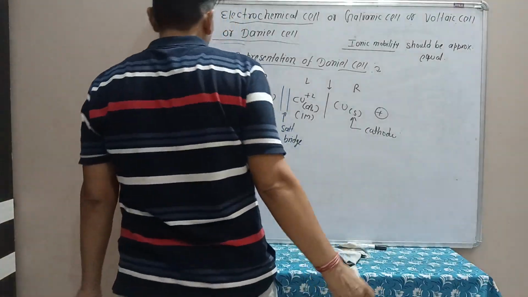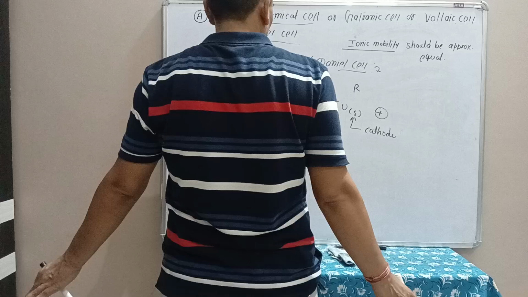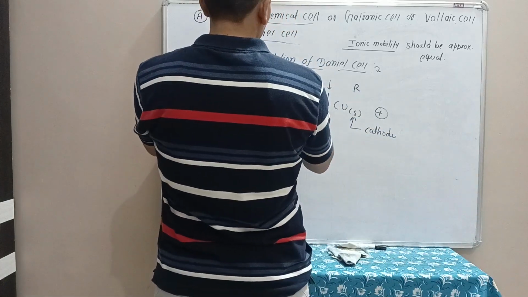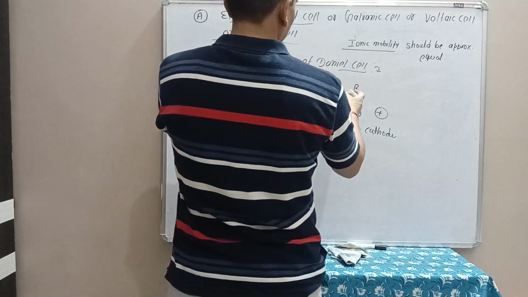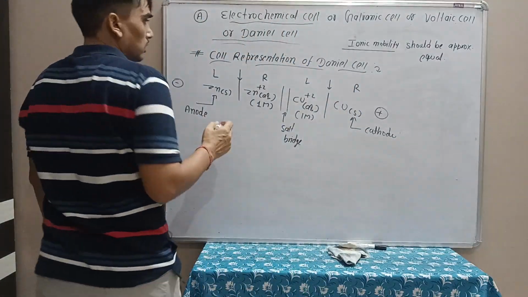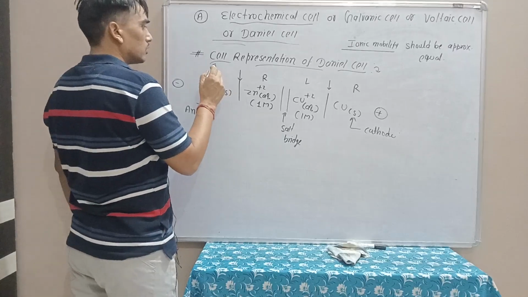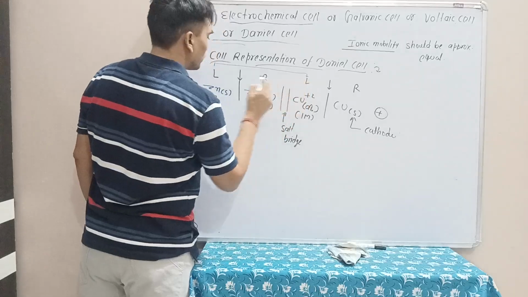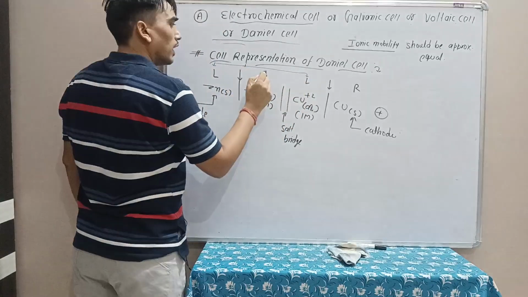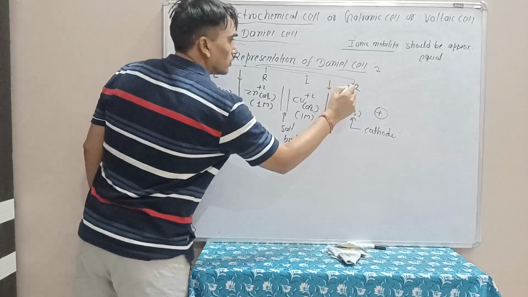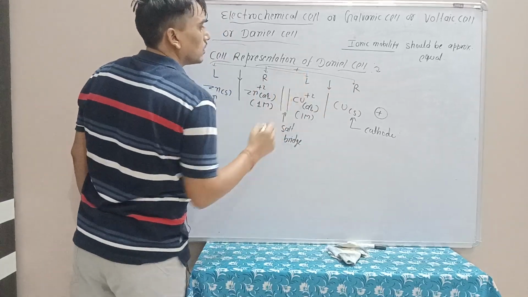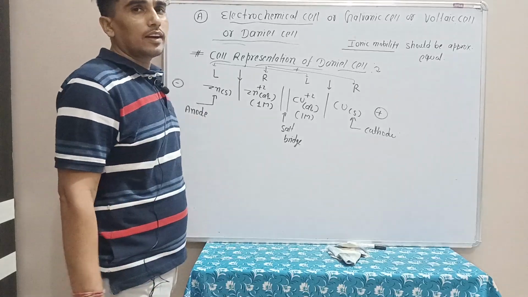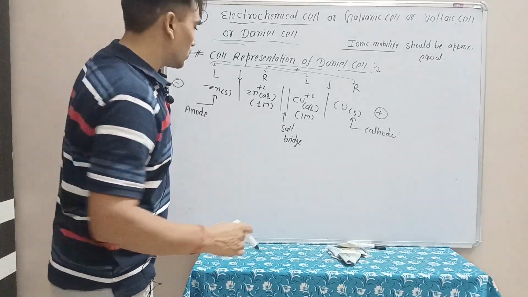You can stand like this. Left connects with left, this left is added with this left, and this right is added with this right. Both left can be connected and both right can be connected, and we obtain the final cell reaction.